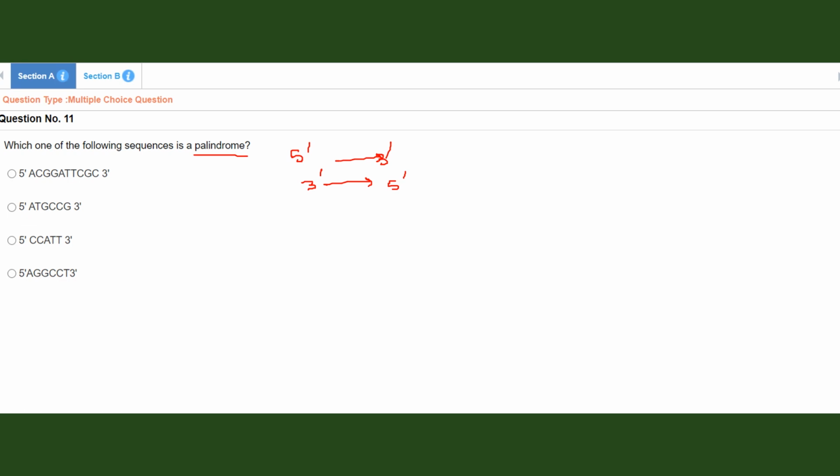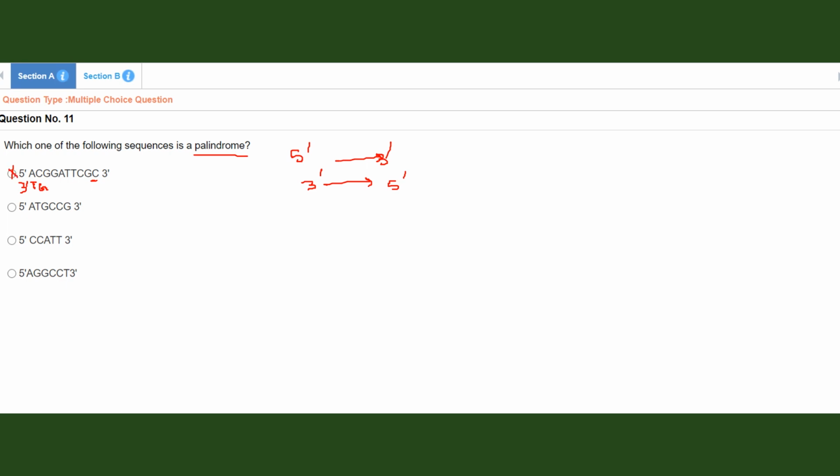So for option A, if we write the complementary strand DNA sequence, it will start with T, then G will appear, but we can already see that the other strand 3' has a C instead of a T, so it can't be the correct option, so this is cancelled out.